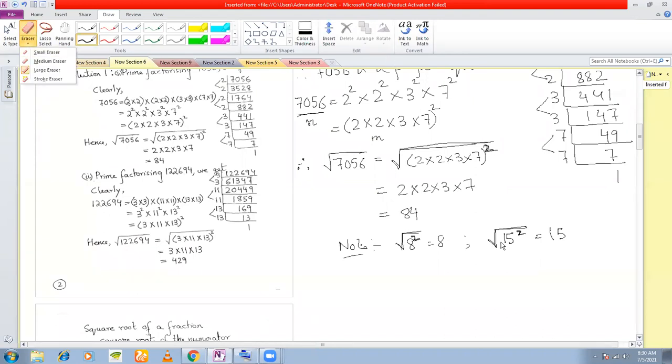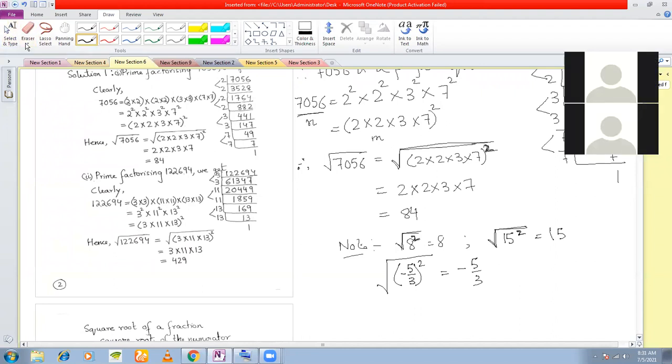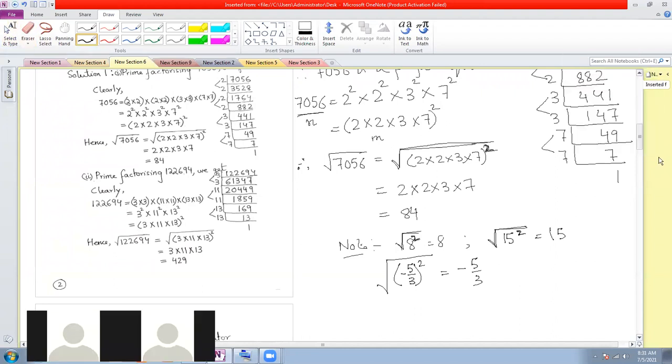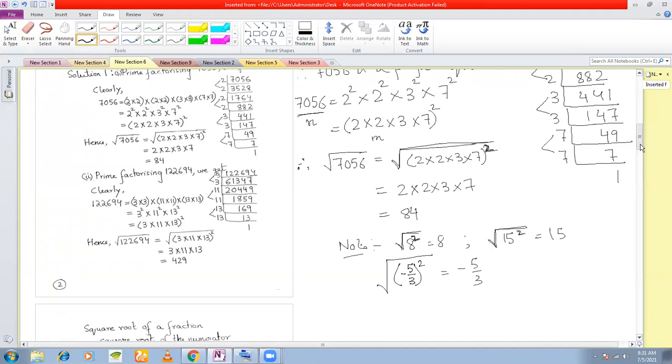Let me give you one more example. If you have minus 5 by 3 square, what is the square root of minus 5 by 3 square? Minus 5 by 3. Fine. Now tell me. Sir, if there is no square, we will not be able to remove the root.